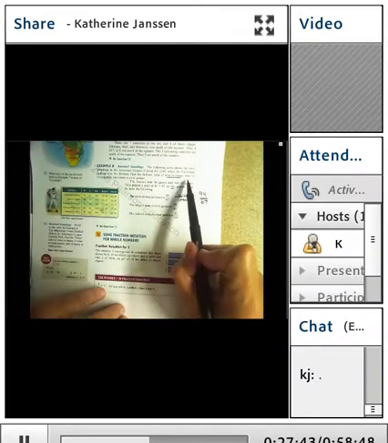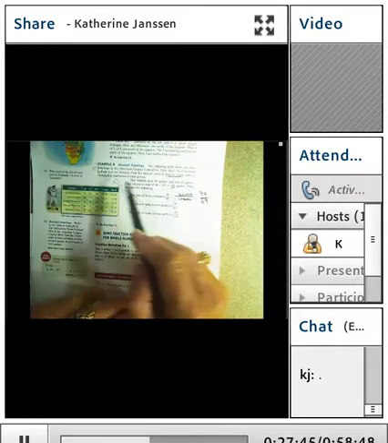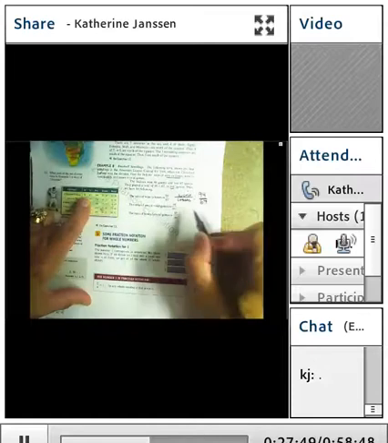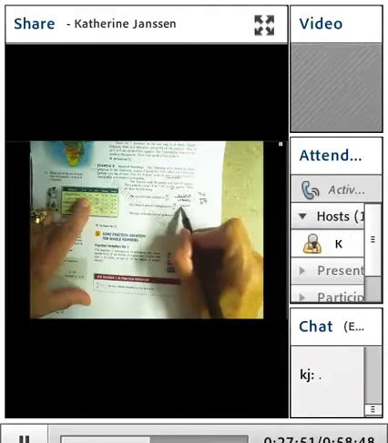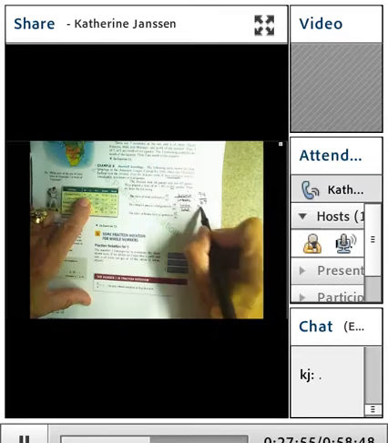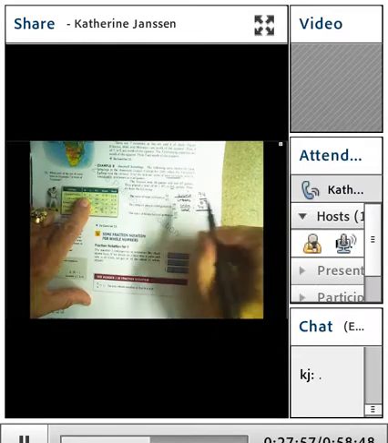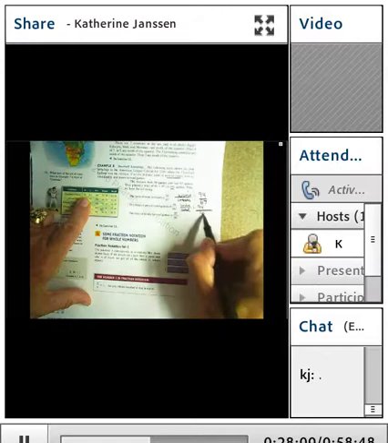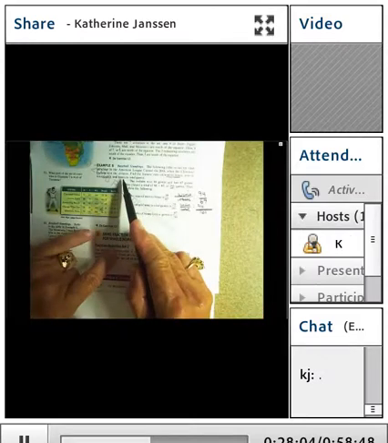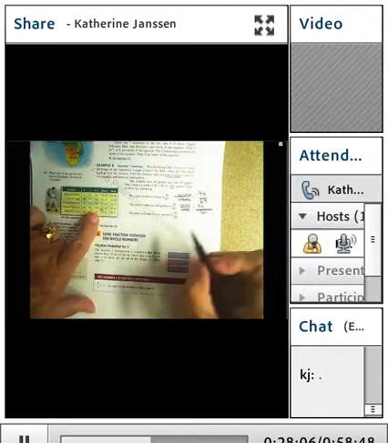Next, we're asked to find the ratio of wins to total games. So we're going to look at the chart for Cleveland Indians and wins to total. Well, their wins was 94, and the total number of games played was 161. And we're supposed to find the ratio of losses to total games.